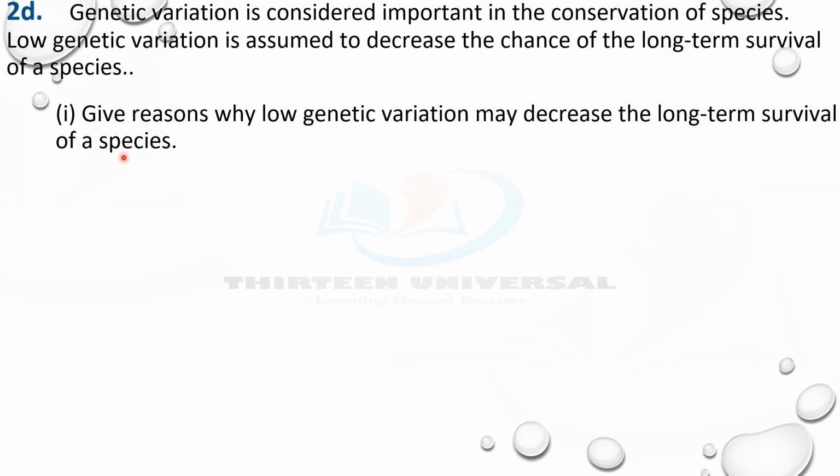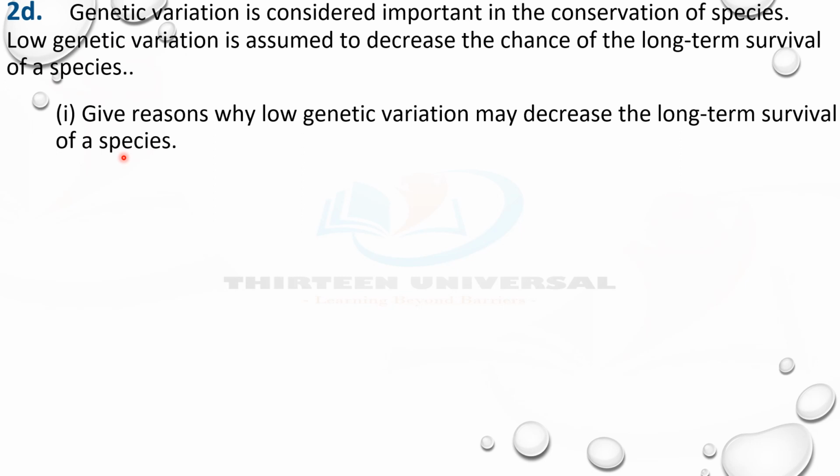When you say low genetic variation, probably there are fewer alleles. The gene pool is small. So it has a small gene pool. If there is low genetic variation, natural selection will have less variation to work on. The raw material for natural selection is variation.